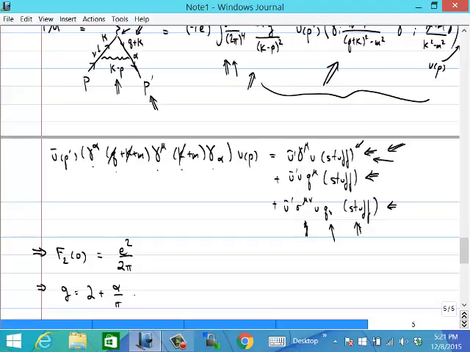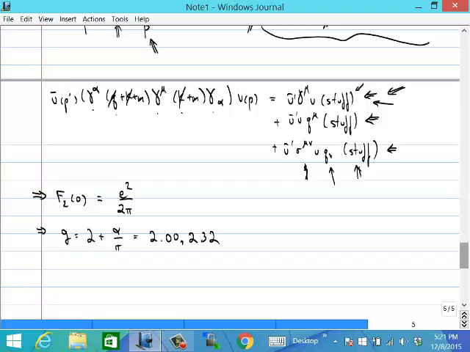Or putting in our numbers, alpha is about 1 over 137. This is a correction to the magnetic moment of the electron that's of order a couple parts in 1,000. And this is one of the most celebrated checks of quantum electrodynamics.